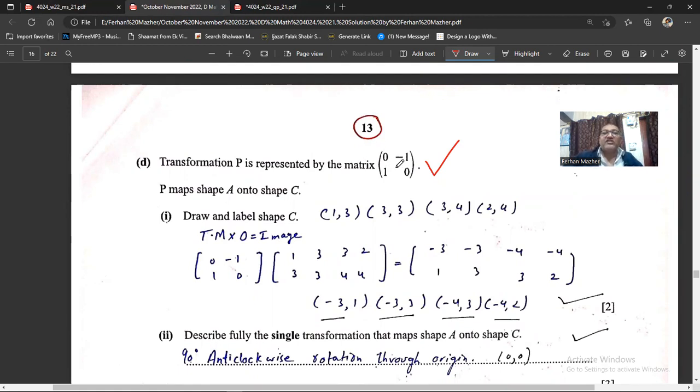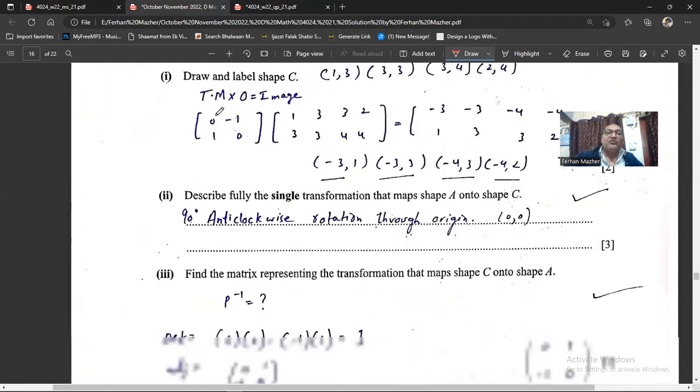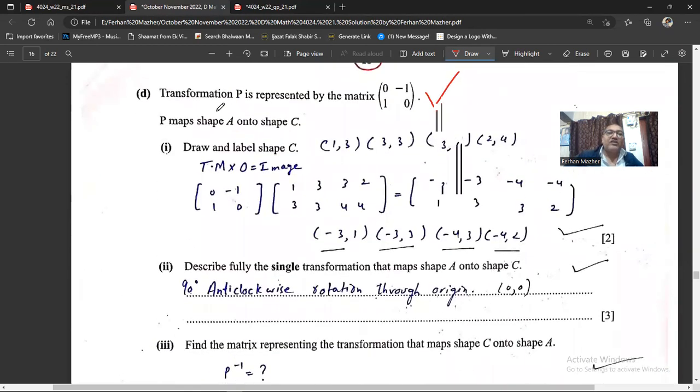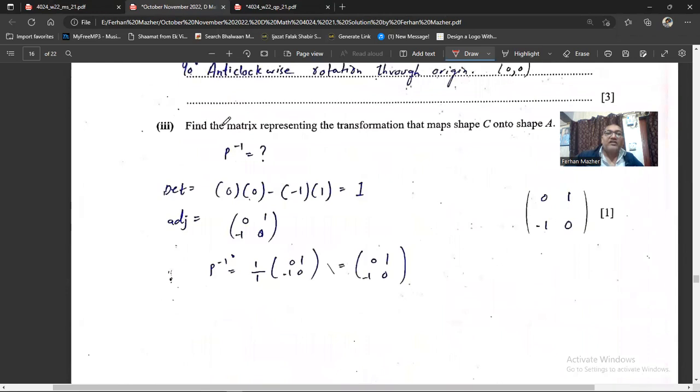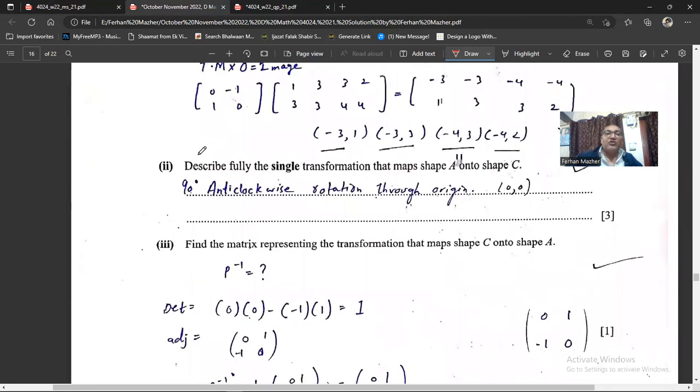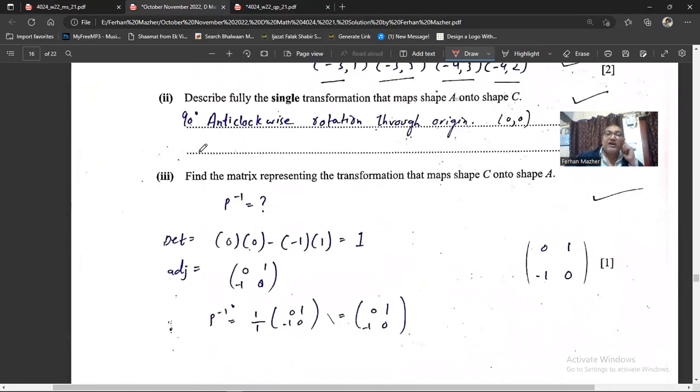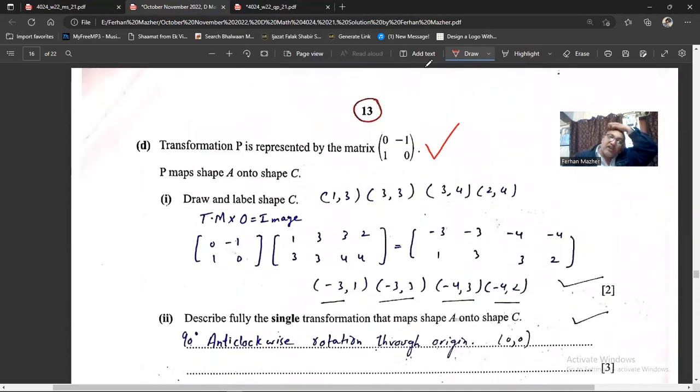For finding the inverse of this matrix, you need to do two things. It is 0 minus 1 1 0. First I will find the determinant, that will be 0 into 0 minus 1 into 1, that will be 1. Then I will find the adjoint. When you find the adjoint, you change the position of these two with each other, and you change the signs of these two.